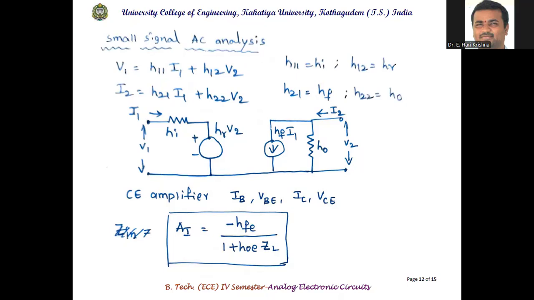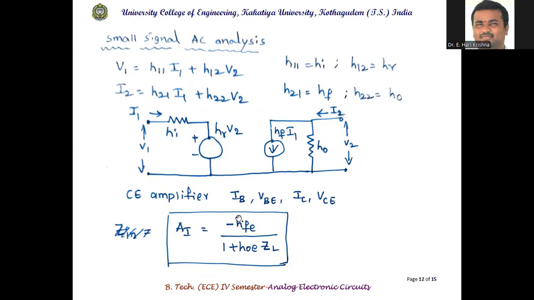That's why H parameter analysis is utilized. And we can say H11 is HI, H12 is HR, H21 is HF, H22 is HO. So this is the diagram. For the CE amplifier, the equations are in terms of IB, VBE, IC and VCE.